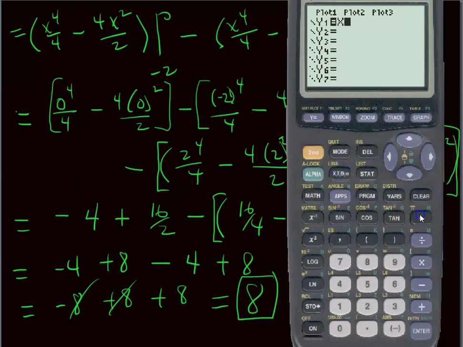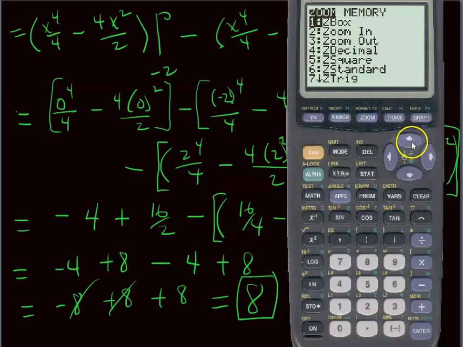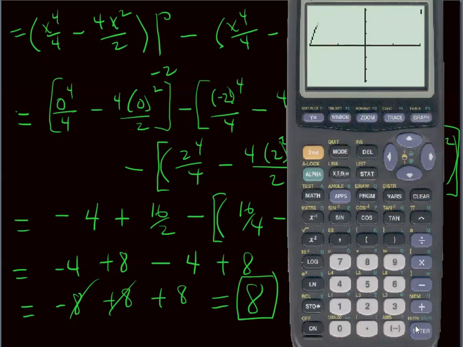So you just put in the function. Let's make our window go from a negative 2 to 2. And then do a zoom fit. And this should give you the picture that we'd graphed.